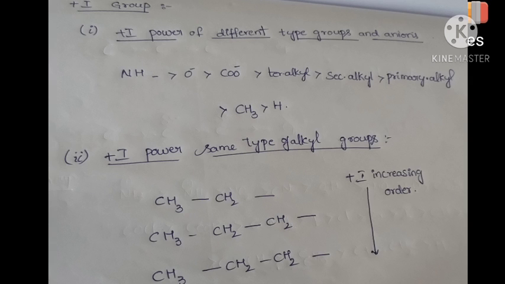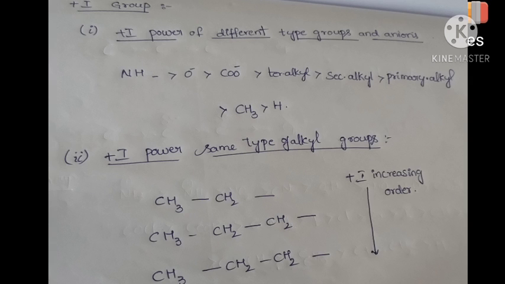These are electron donating groups. The order is O minus greater than COO minus greater than tertiary alkyl greater than secondary alkyl greater than primary alkyl greater than methyl greater than hydrogen. These are the plus I powers in decreasing order with reference to hydrogen.